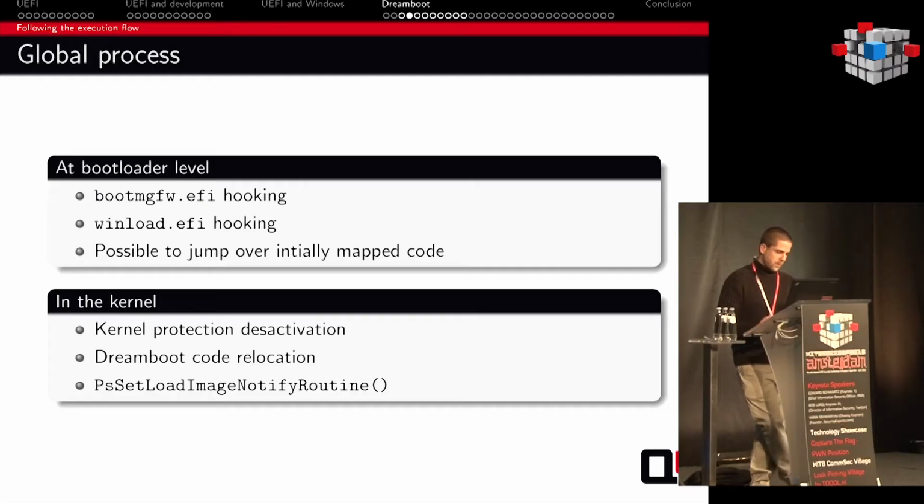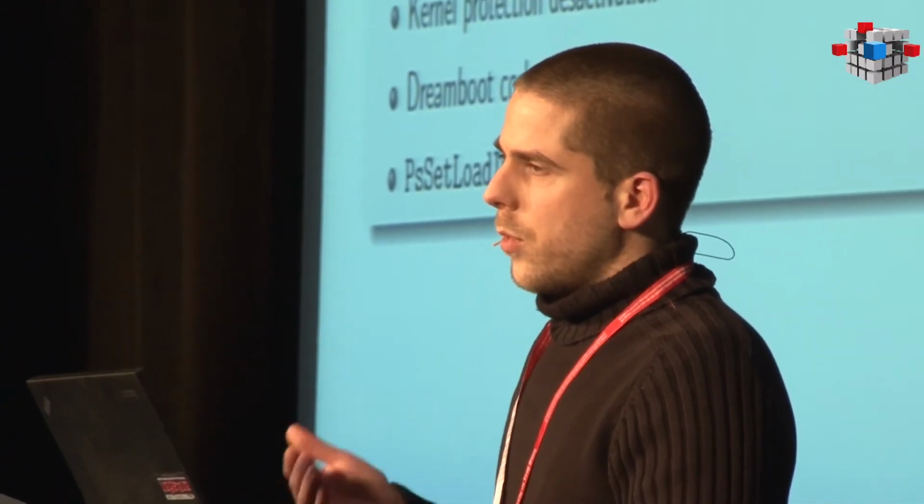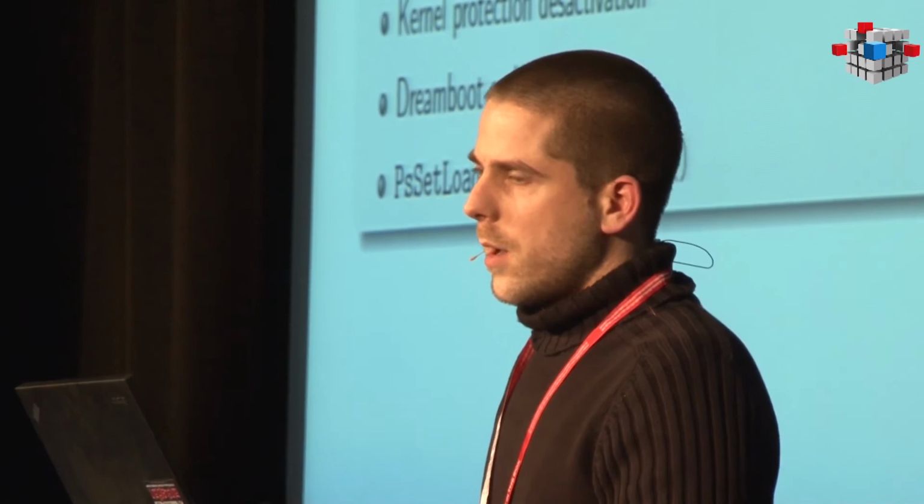But there is some trick to deactivate some kernel protection to make it work. For payload development, we use the PsSetLoadImageNotifyRoutine. We just insert a callback in the system, which is called when new processes are spawned or new DLLs are loaded.